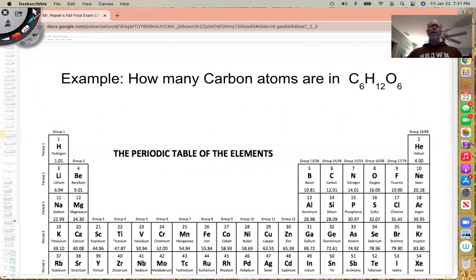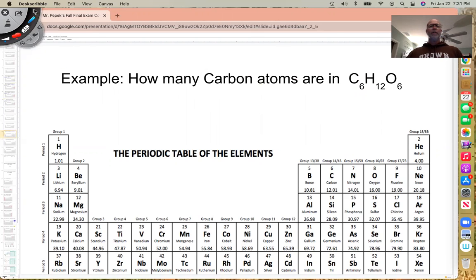We're working with how many different atoms there are in a molecule. So this question says, how many carbon atoms are there? And in this case, we can take a look and say, well, there's the carbon, that's hydrogen, and this is oxygen. This one has 6 carbon atoms, ladies and gentlemen. So the answer would be 6. All right.